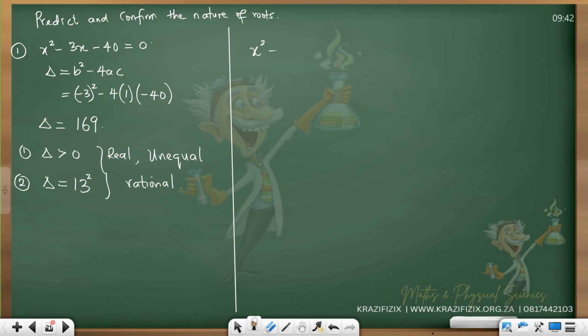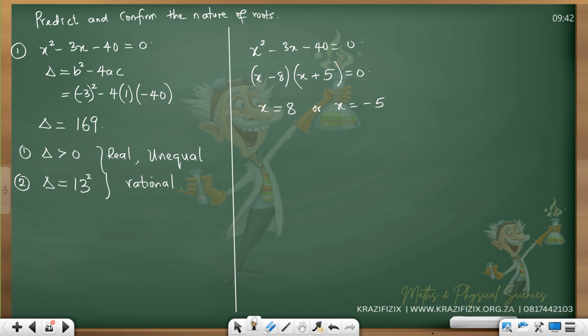Okay, do we really need that whole equation? I think we can solve this quickly. It's the same thing. x minus 8 plus 5. So x is equal to 8. Oh, beautiful. Are they real? Yes. Are they equal?